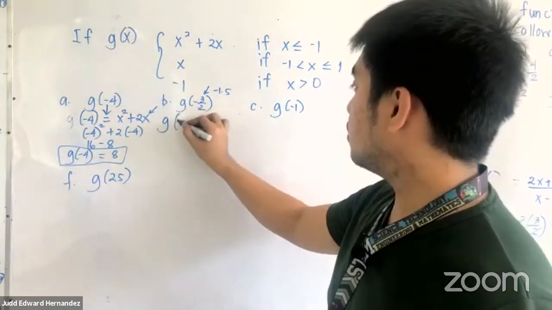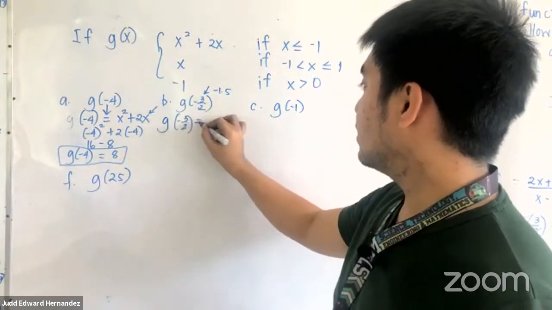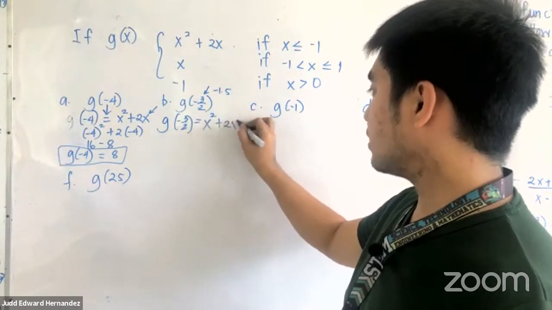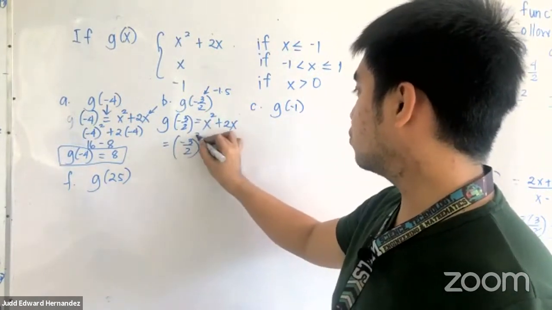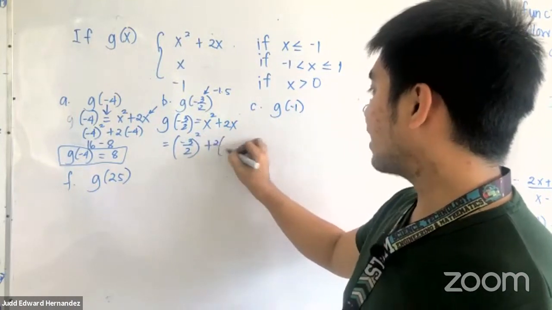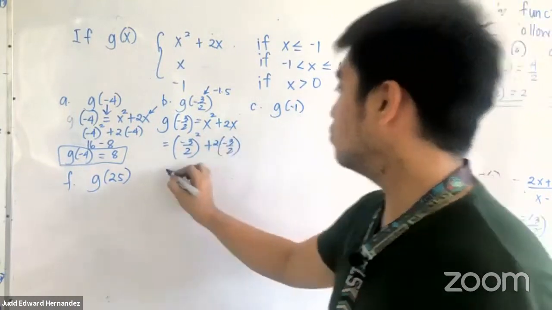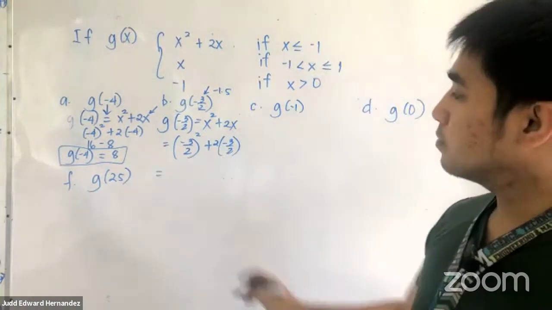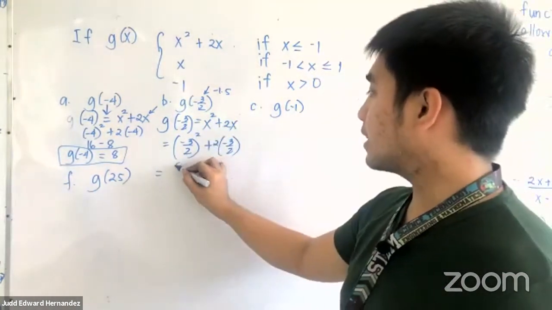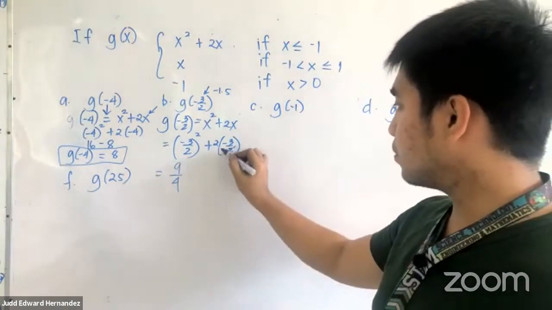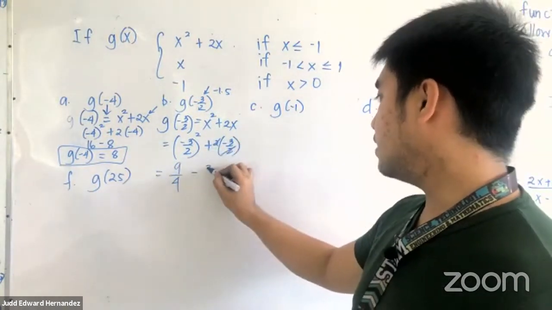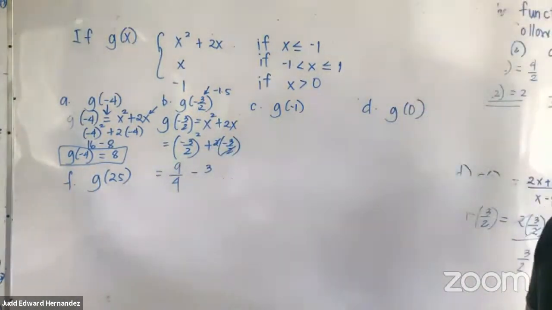So g of negative 3 over 2 is equal to x squared plus 2x. Simplifying, this becomes negative 3 over 2 squared plus 2 times negative 3 over 2. Negative 3 over 2 squared is 9 over 4. 2 times negative 3 over 2, cancel out 2, we'll be having minus 3.